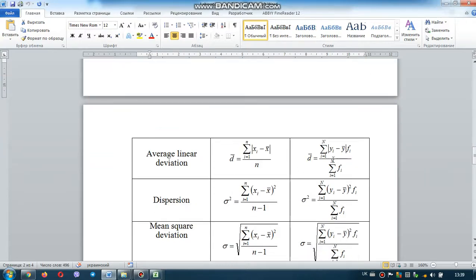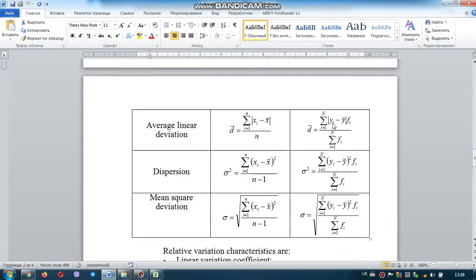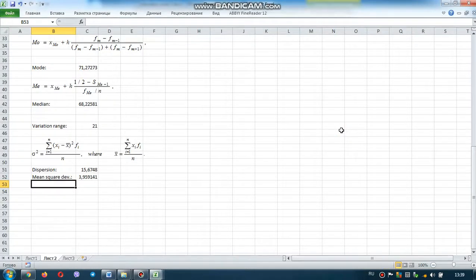And now we are supposed to calculate the average linear deviation. It's not a problem as well. It's not as complicated as you think.